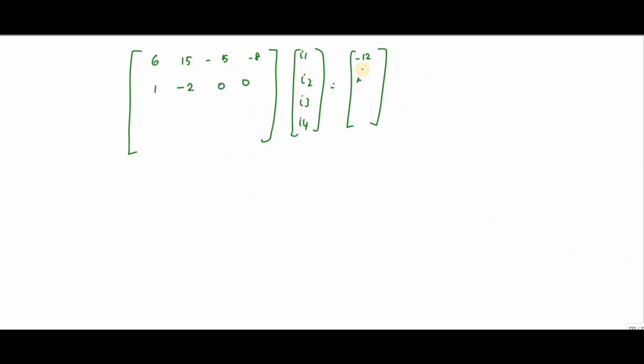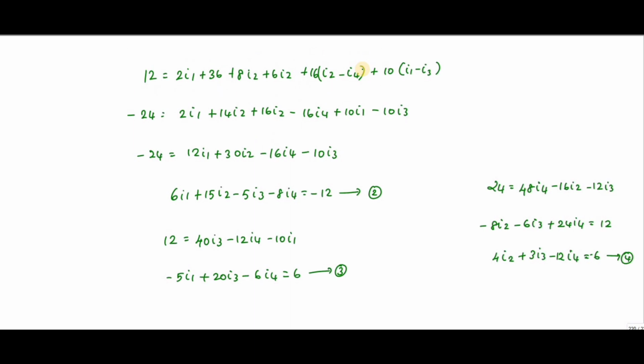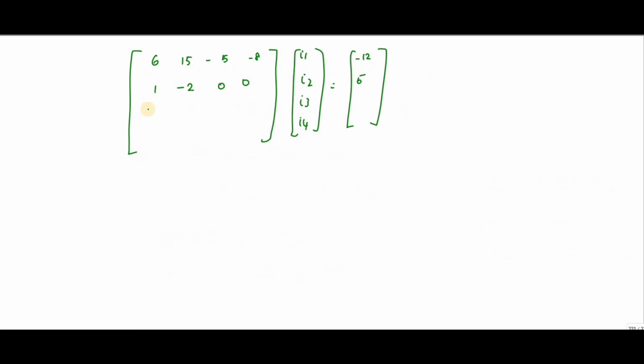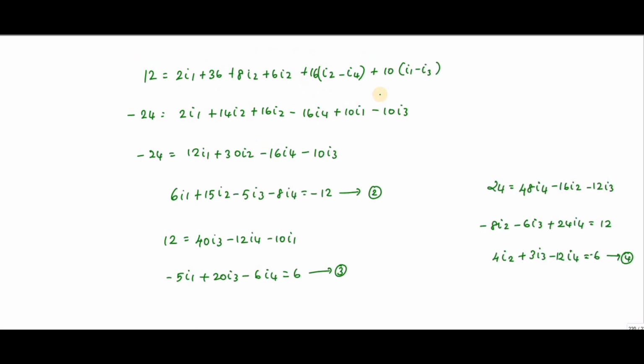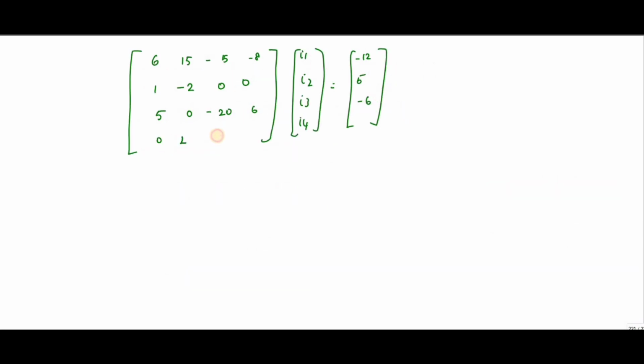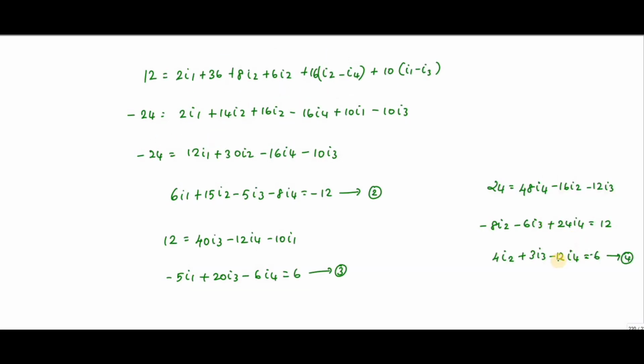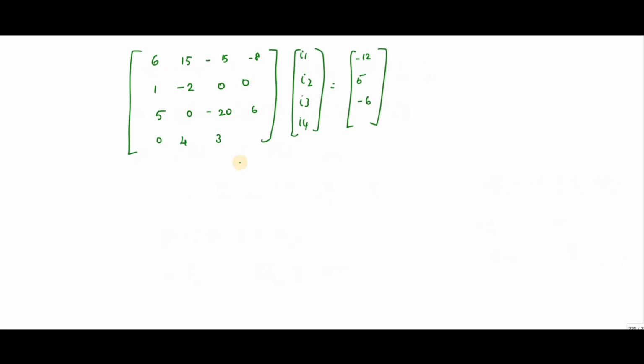Next step, I can write it as 5, 0, minus 26 is equal to minus 6. And likewise I can write 0, 4, 3, minus 12, minus 6.